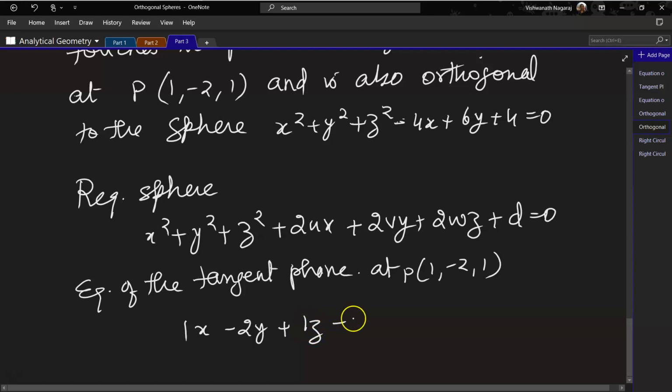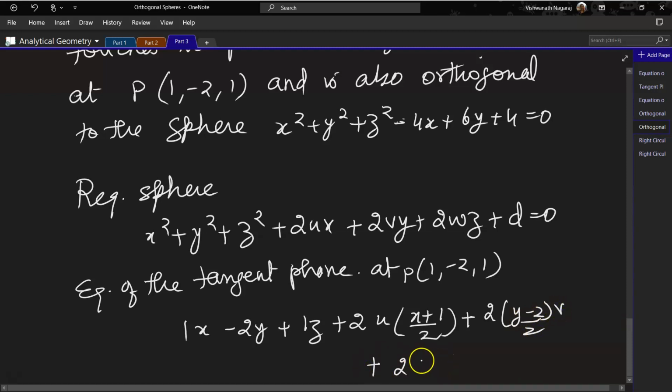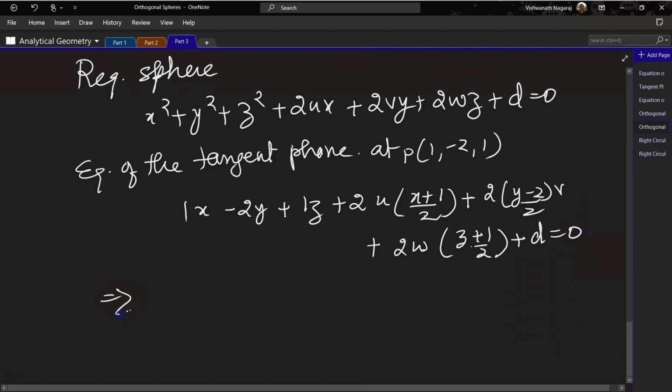Then you substitute the value of x: 2u times (x plus x1 by 2), where this is x1, y1 and z1, plus 2v times (y minus 2 by 2), plus 2w times (z plus z1 by 2), so z plus 1 by 2, plus d equal to 0.